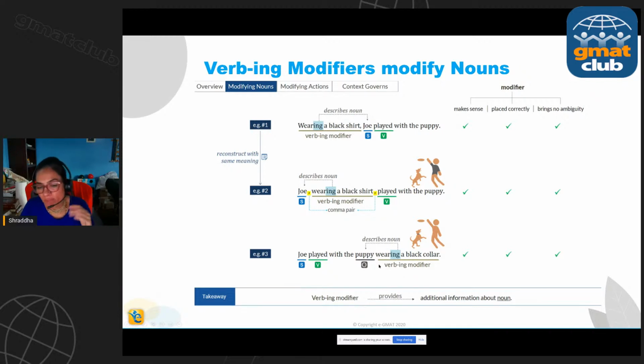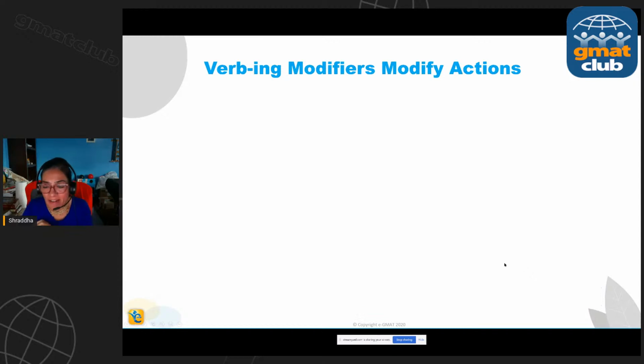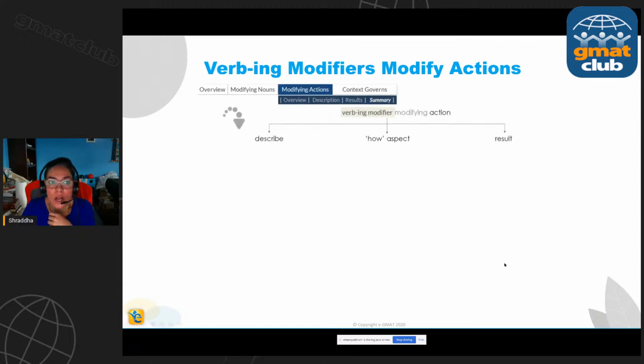We have verb ed modifier and we have verb ing modifiers, but here lies the distinction. Always keep that in mind, that the action presented by the verb ing modifier is the action done by the modified noun. All right, now let's take a look at verb ing modifiers that modify actions.